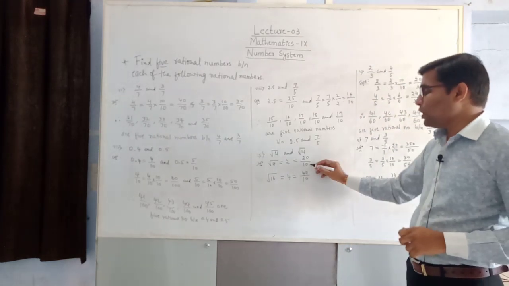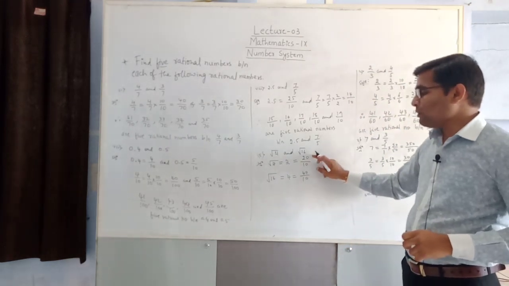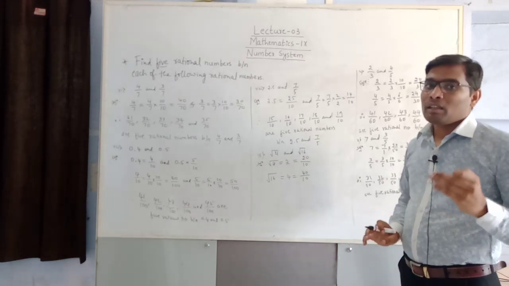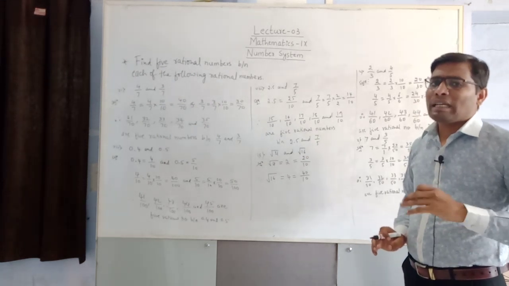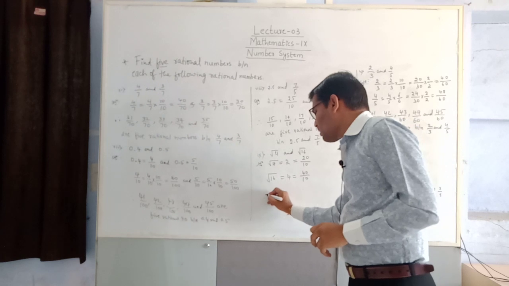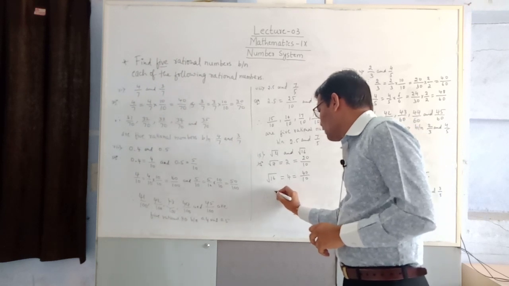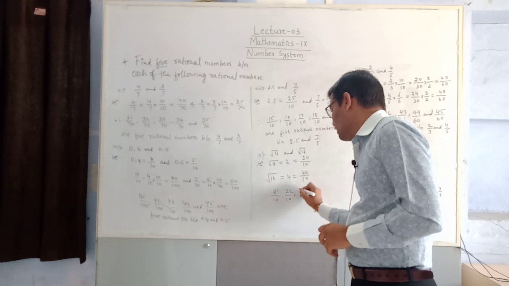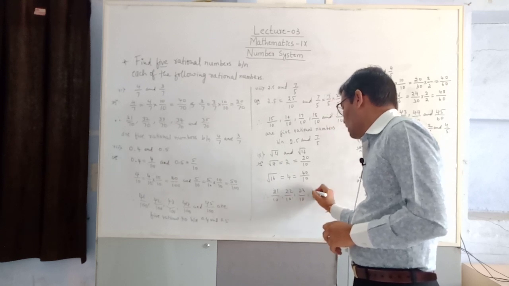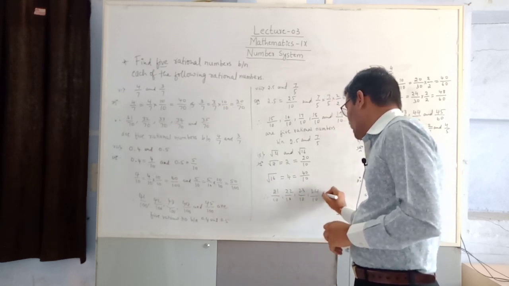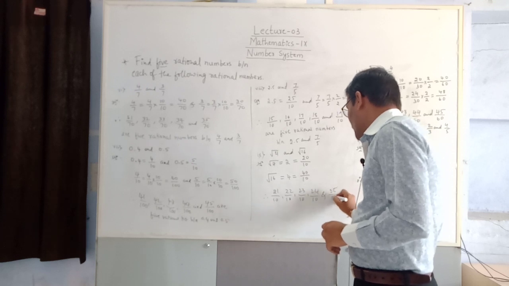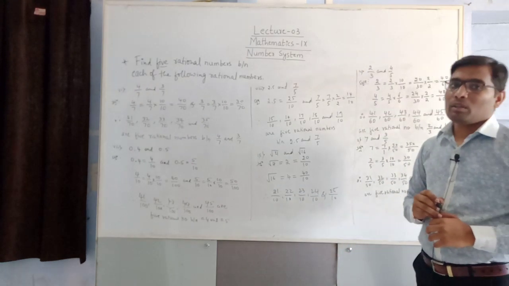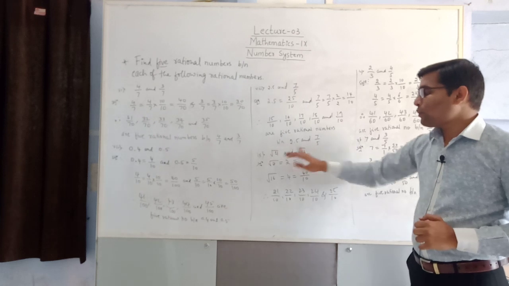Now look at the denominators 10, 10, and in between 20 and 40 there are 19 numbers, so you can write any 5. Write 21 by 10, 22 by 10, 23 by 10, 24 by 10, and 25 by 10 as 5 rational numbers between root 4 and root 16.